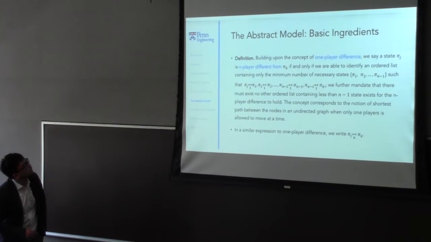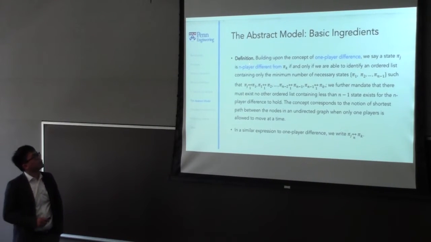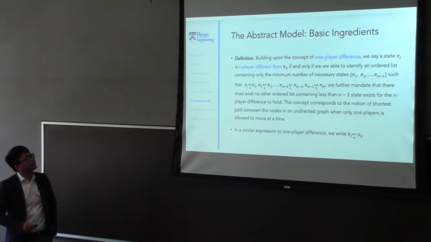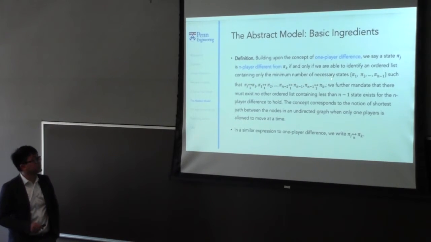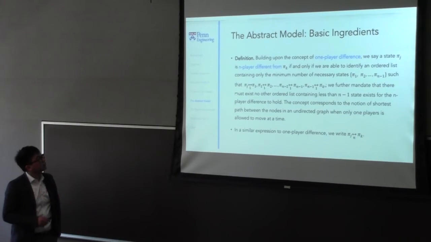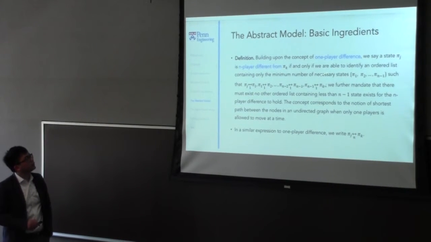Then we further build upon the concept of one player difference. We also say a state pi j is n player different from pi k if and only if we're able to identify an ordered list containing only the minimum number of necessary states, such that you have one player difference between each of the elements in sorted order.